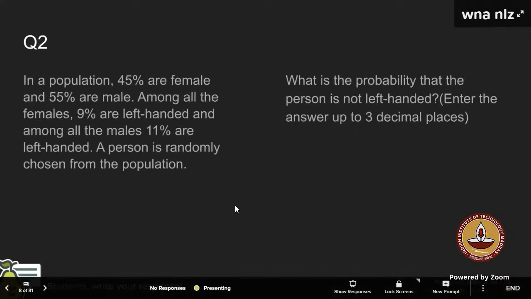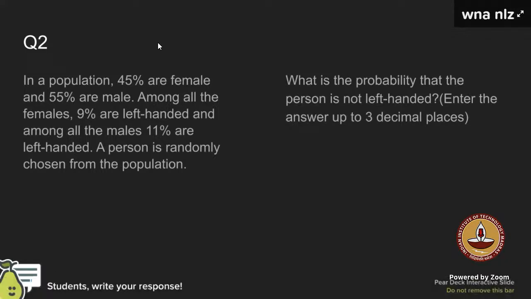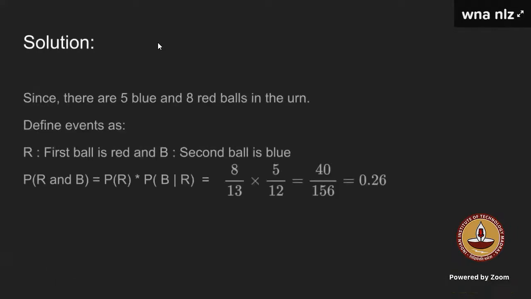Sir, how do we prove that E intersection F is equal to probability of E into probability of F? Probability of R intersection B is probability of R into probability of B only when it is independent.